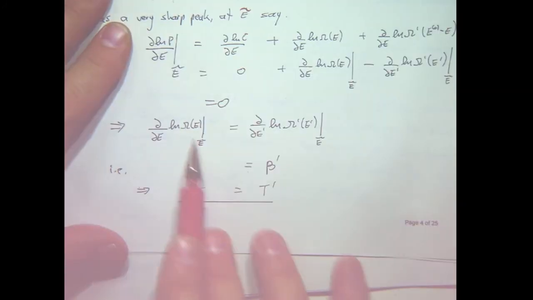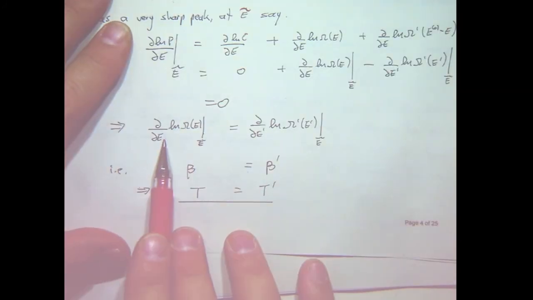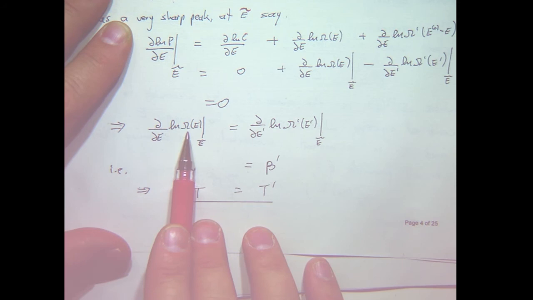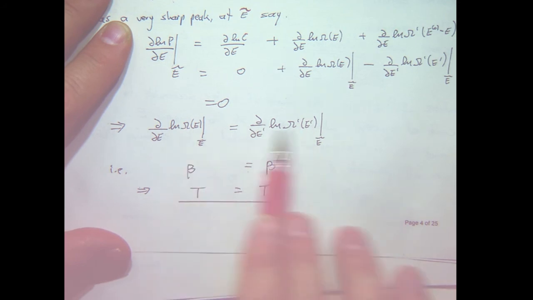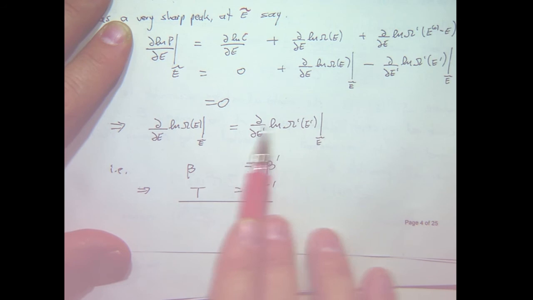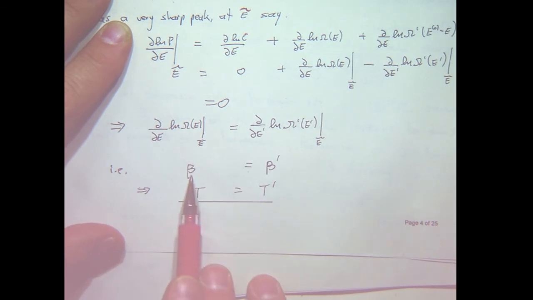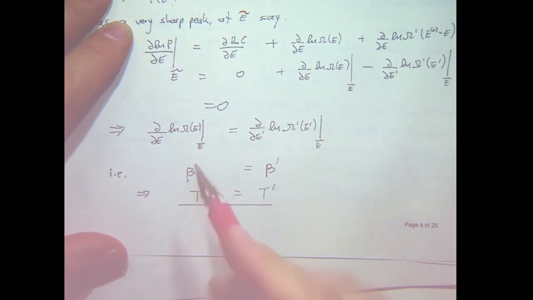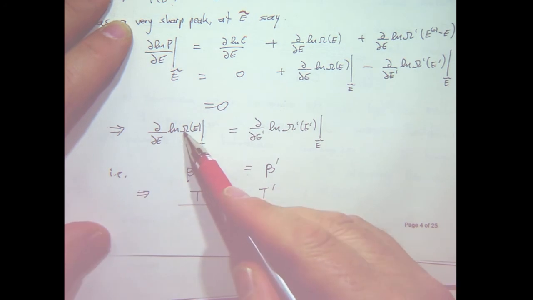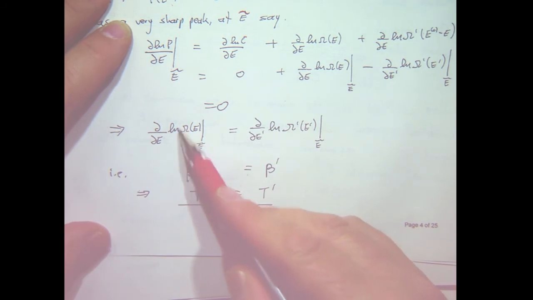So that means these two different derivatives of the log of the number of accessible states of the two respective subsystems have to be equal, but that is a number that we said is the entropy, and so that's the dimensionless entropy, the log omega.